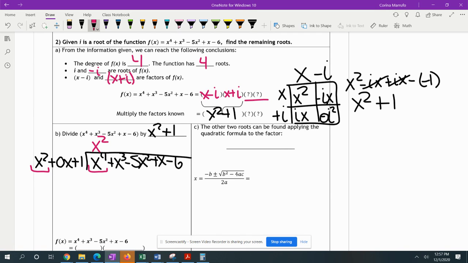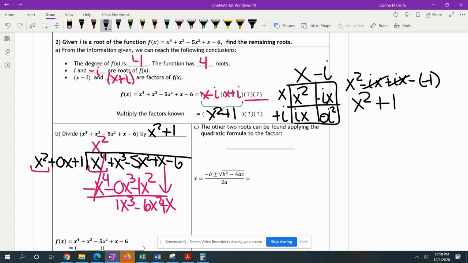Well, x squared times x squared gives us x to the fourth. Then we multiply it. x squared times x squared gives us x to the fourth power. x squared times 0x gives us 0x cubed, and x squared times 1 gives us 1x squared. We go ahead and subtract, so minus, minus, minus. These cancel each other out. 1 plus 0 gives us 1x cubed. Negative 5 minus 1 gives us negative 6x squared, and then we drop the next one, plus x.